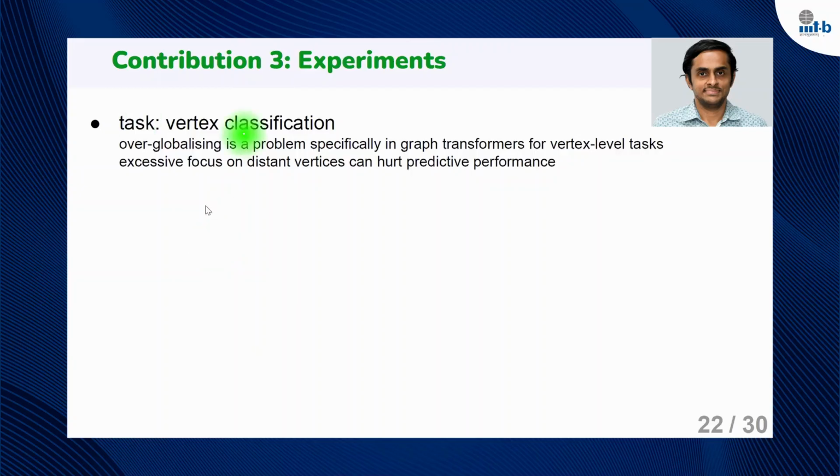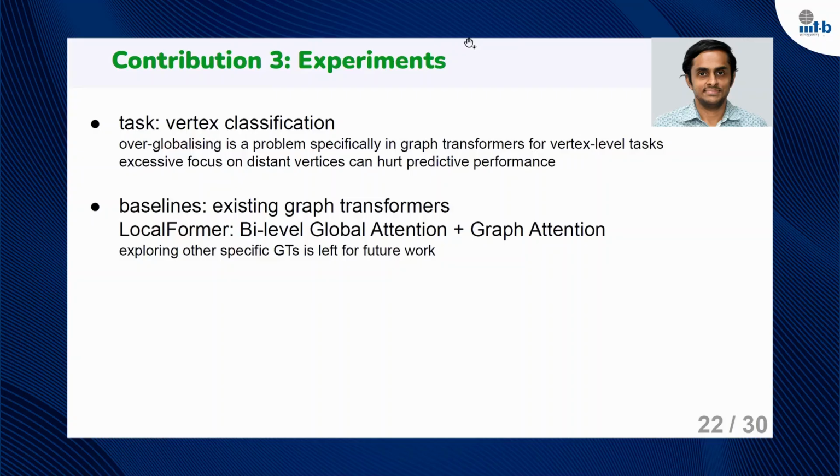And this phenomenon of over-globalizing is specific to vertex-level tasks, because the attention matrix is actually at the vertex level. So this is the task, and we looked at several baselines. All the existing graph transformers, we looked at 10 different GT baselines, and then we compared our proposed methods with all of these baselines.